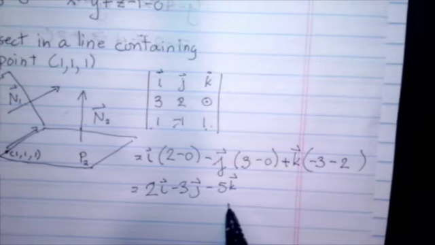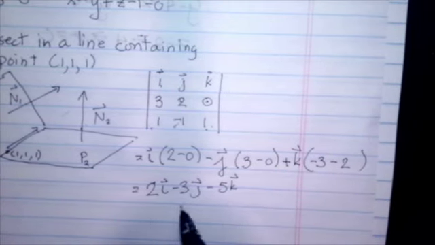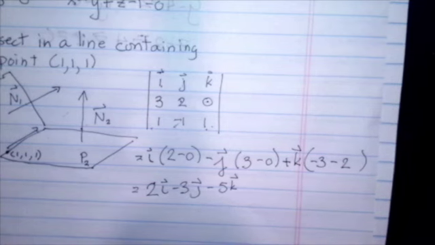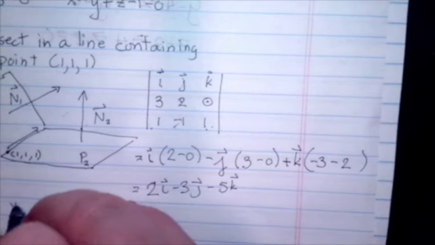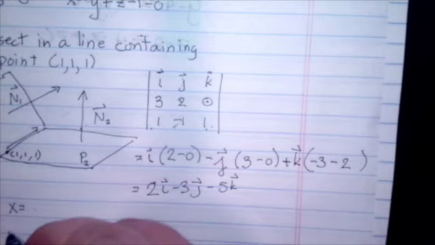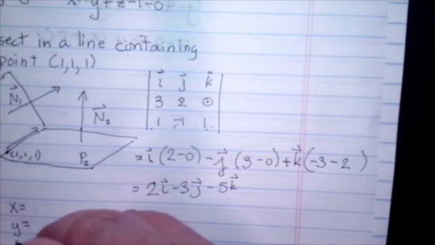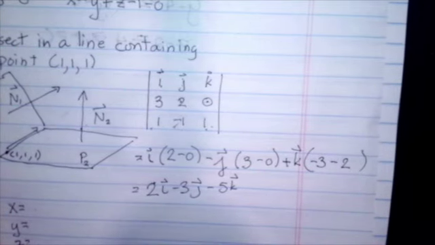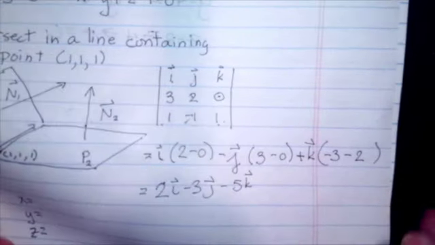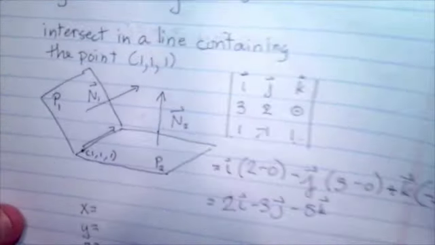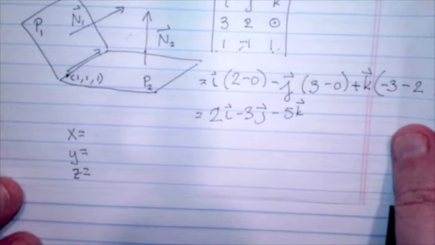That's our direction vector. And so the direction numbers are 2, -3, and -5. Alright, so to form the parametric equations for this line, we're just going to write a parametric equation for each variable x, y, and z.